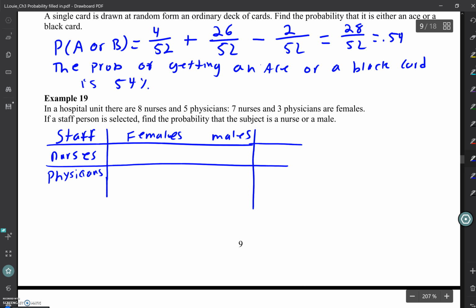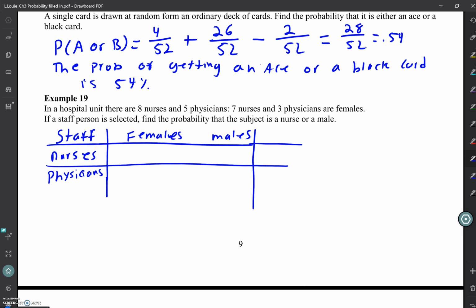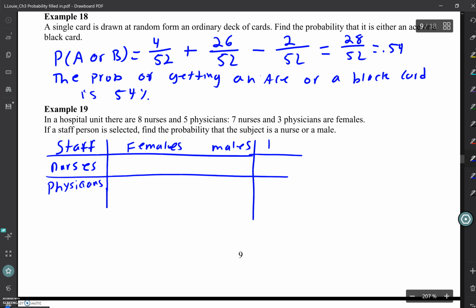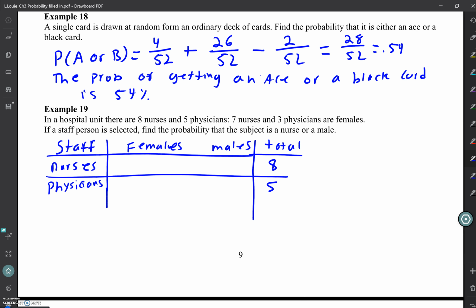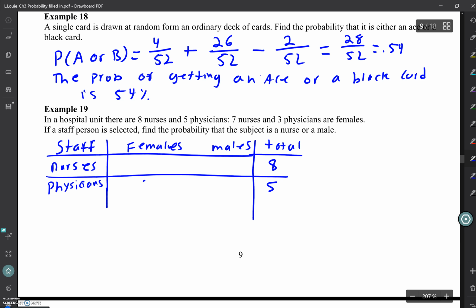And let's try to figure out what they told us. So we know there's a total of 8 nurses. We're going to make our total column here at the end. So we have a total of 8 nurses, and we have a total of 5 physicians. 3 of these physicians are females, so I'll put that in the spot for the females and physicians. 7 of the nurses are also female, so we'll put 7 of them there.